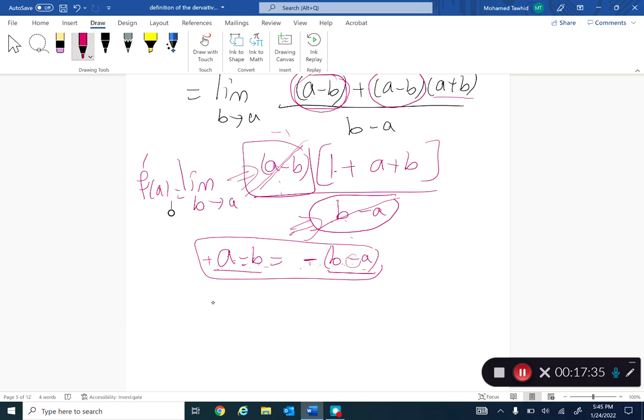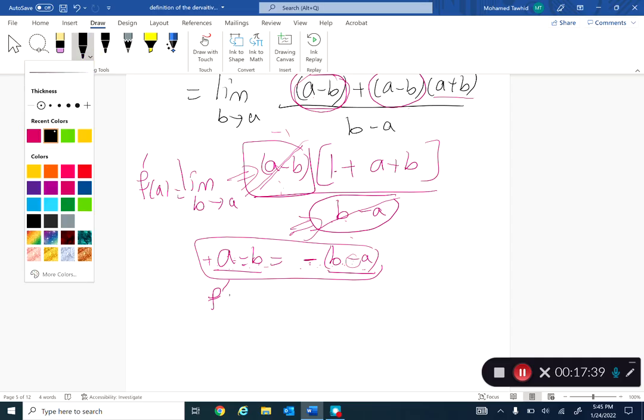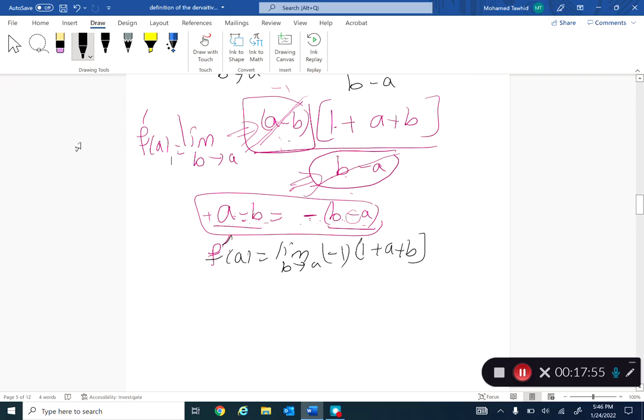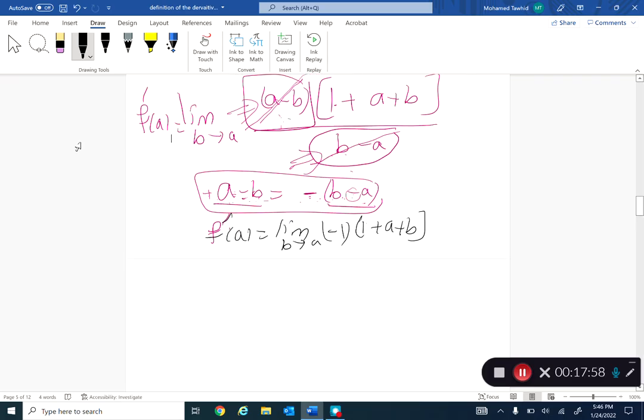So what do you have? The conclusion: f prime of a will be limit b close to a, and from there you have negative 1 multiplied by 1 plus a plus b, close the bracket, right? So now what did you get here?